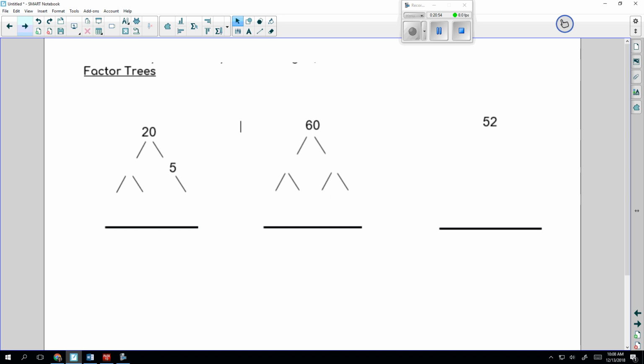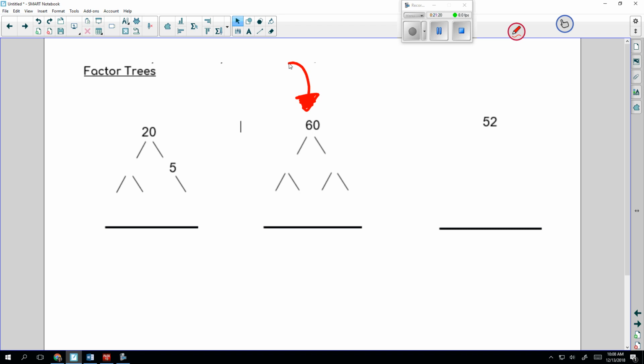I copied it wrong, so we're going to pick one. We're just going to do one practice, and then you're going to work on some task cards. Okay? Let's try 60. We're going to do 60. So everybody go to 60, you should have 60 as a prime factor tree on the back of your paper.